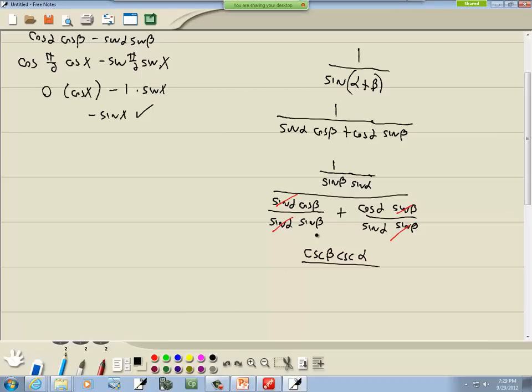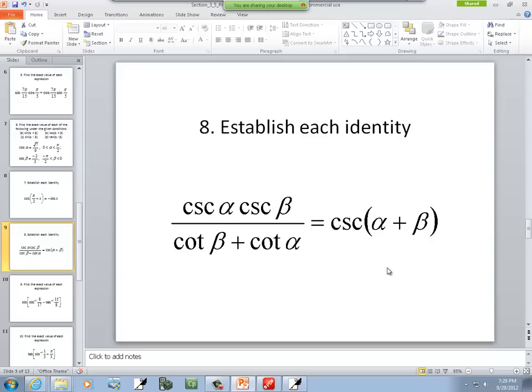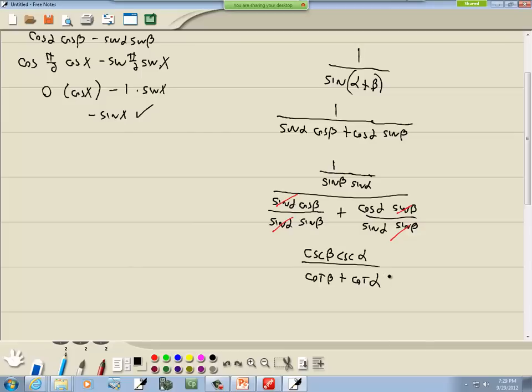So we've got cosine beta over sine beta, that's cotangent beta, plus cosine alpha over sine alpha, that's cotangent alpha. Cosecant alpha, cosecant beta, which is basically it. I mean, I'd flip around the top part, but that's trivial. So that's your answer. Or I shouldn't say that's your answer, that's we verified the identity.